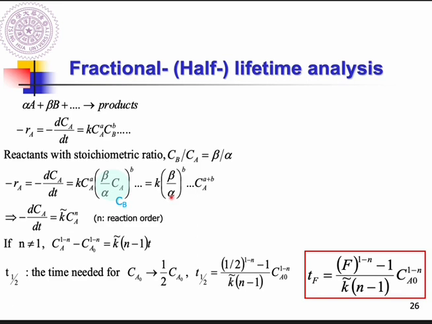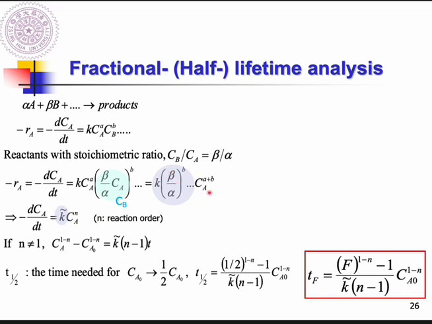Now I can rewrite this rate equation and express it like this: minus dCA over dt, the consumption rate of reactant A, equals this, which we can consider as a K, and use this symbol to represent it, this K times beta over alpha to the b, and so on.